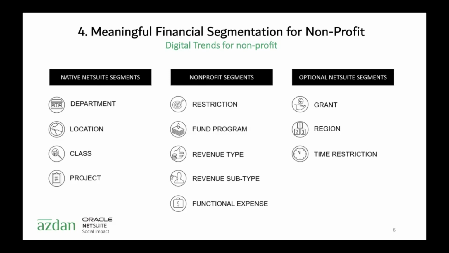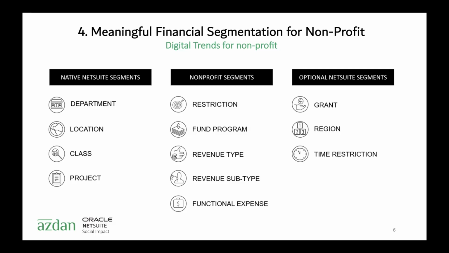But when it comes to non-for-profit, Oracle NetSuite, as I told you in the beginning, invested a lot of effort and time to define certain segments that could be very useful, and you can consider them best practices for any typical non-for-profit organization, such as a dimension related to restrictions, if we have any restrictions on donors, a dimension related to fund, program or revenue type, or even further classifications of revenue type or functional expenses, or even classifying my activities based on a specific region or a specific grant.